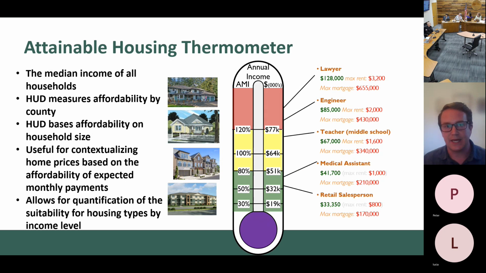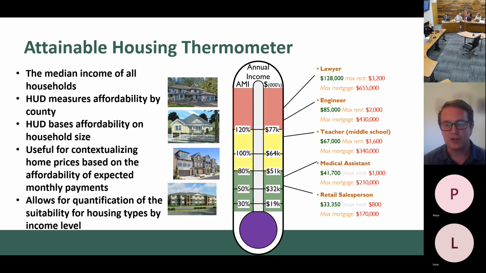Another way that we tend to like to look at it is what's affordable to residents making an average salary for particular positions. And so here on this slide, we look at just a handful of occupations and what they pay on average in the state. So you've got folks who are lawyers making about $128,000 a year, which is obviously aspirational for most people.